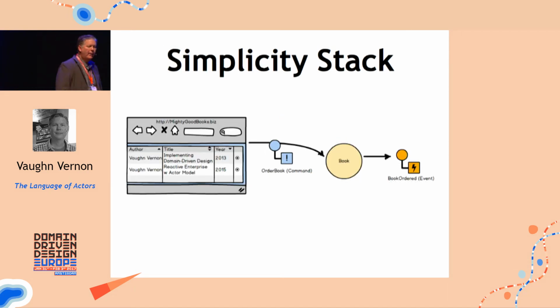But what about using the actor model? Because of some advantages to actors, using the actor model, I think, delivers what I call the simplicity stack. You have the user interface, and assuming that we have a user interface at all, but in a given bounded context, let's say we don't even have a user interface, maybe the user interface is actually a set of service endpoints of some kind.